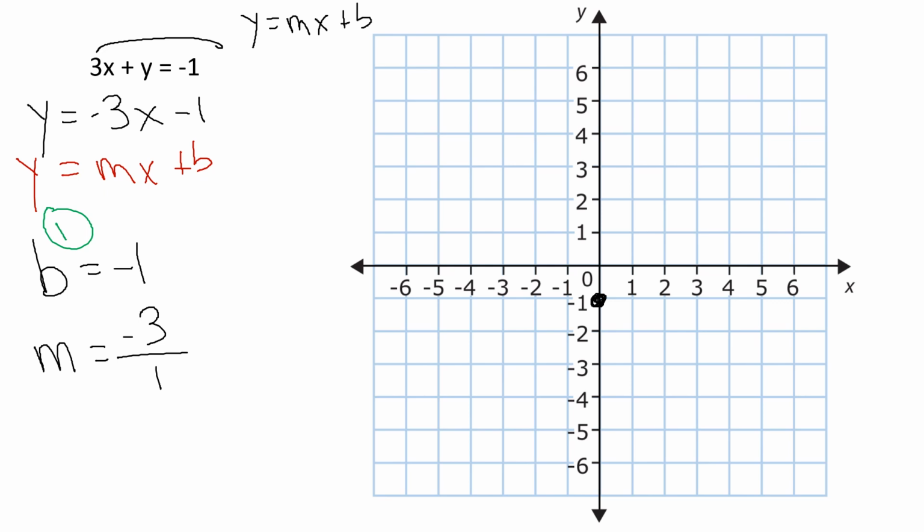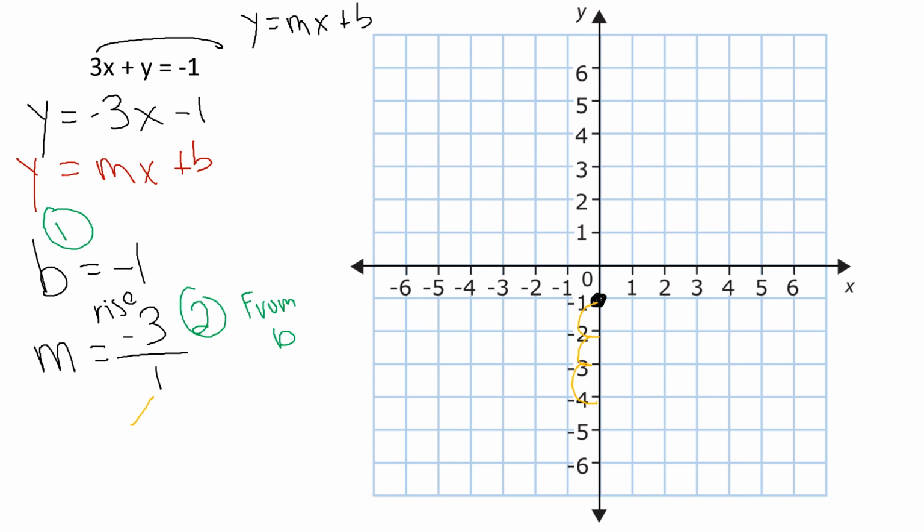From the b, we're going to rise over run. Make sure you do this from the b, not the middle point. A lot of people want to start here and rise over run. You must start from your b. Now in this case, my rise is -3, so I'm going to have to go down 1, 2, 3.